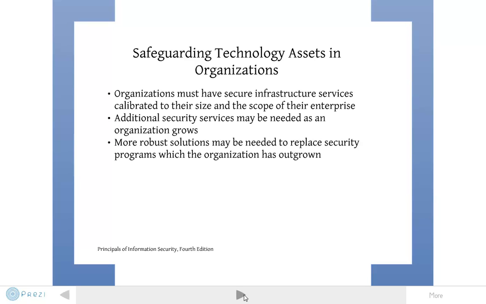So secure infrastructure services are going to really encompass the IT services that we can provide. They have to be calibrated, okay? You can't implement the same level of security in a mom and pop store as you would in a large organization. And that's because they actually could be totally non-productive if you take them through all the security measures. So that's why we'll talk about how to choose just the right controls for whatever size of the business we're talking about.